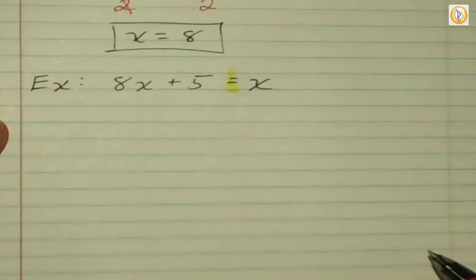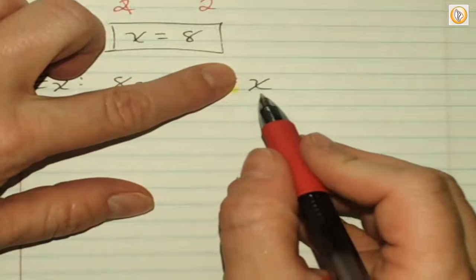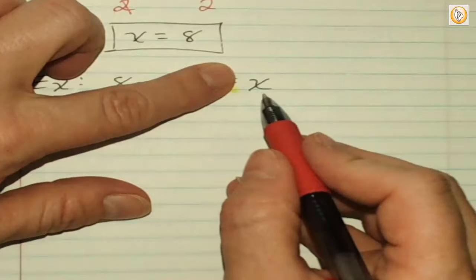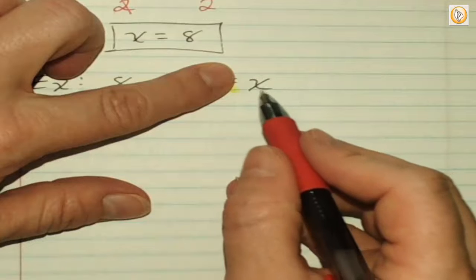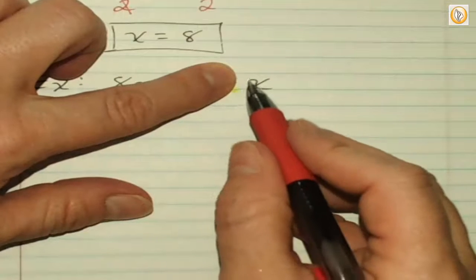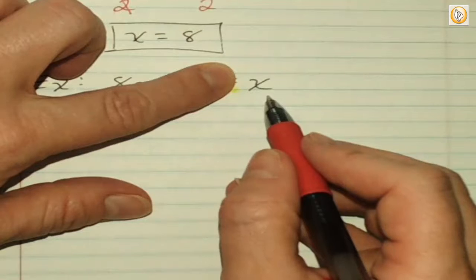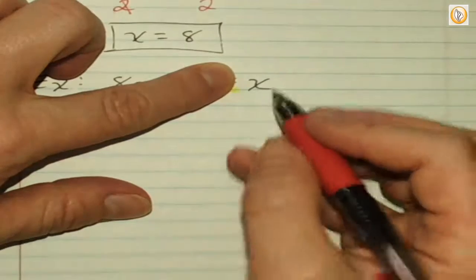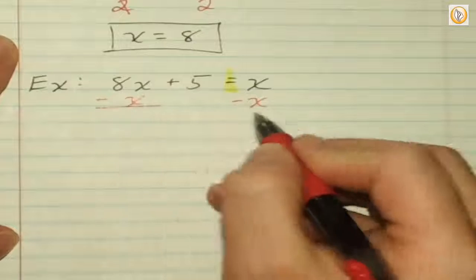I don't know, because there's nothing going on this side. You mean right here? Yeah. If there's nothing there, is that a positive or negative then? Positive. It's positive. If there's no sign in front of it, then it's positive. So then what's the opposite? Negative. So then we're going to subtract x on both sides.